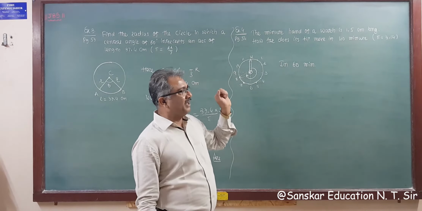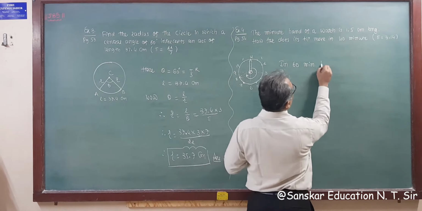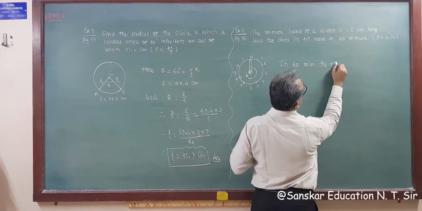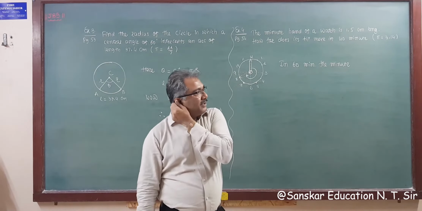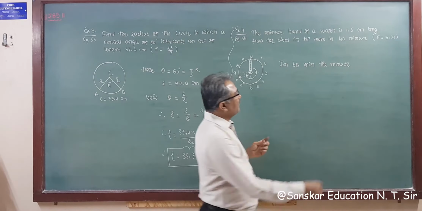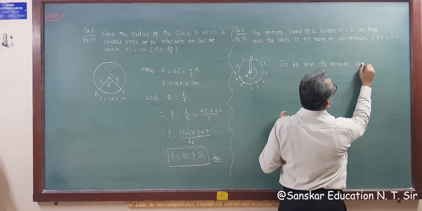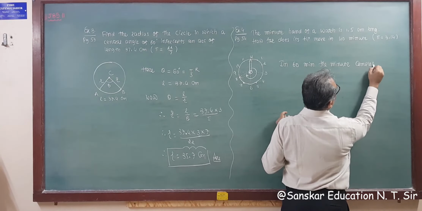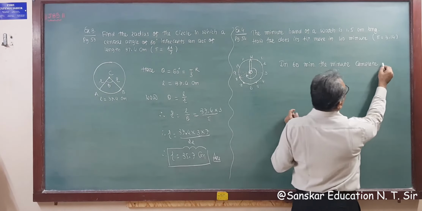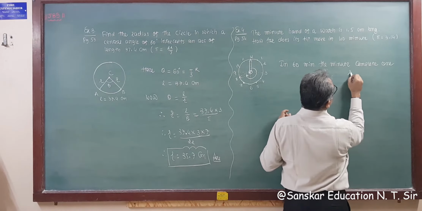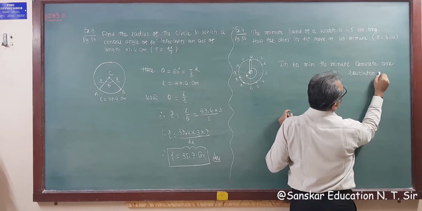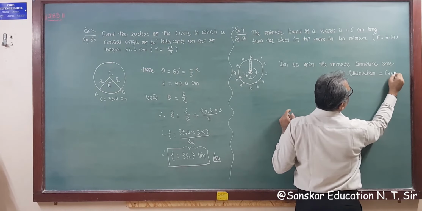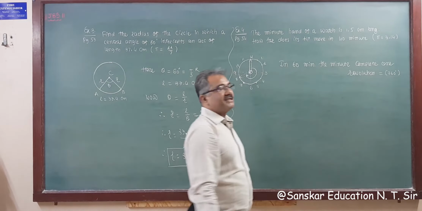So in 60 minutes the minute hand completes one revolution, that is 360 degrees.